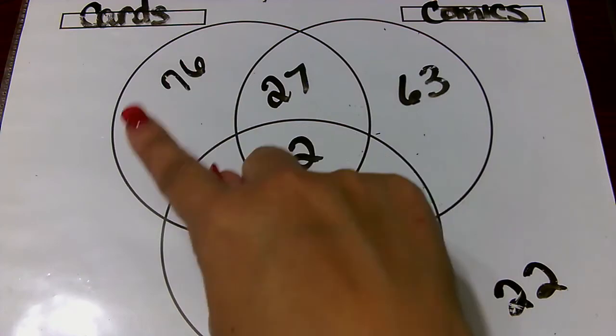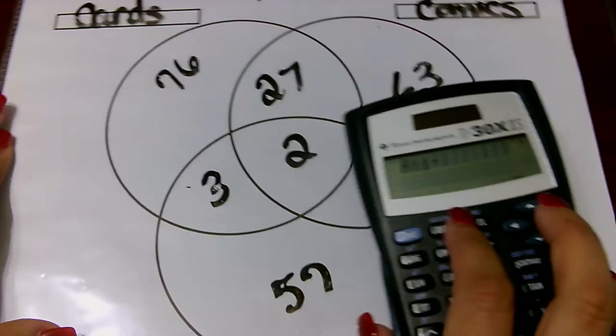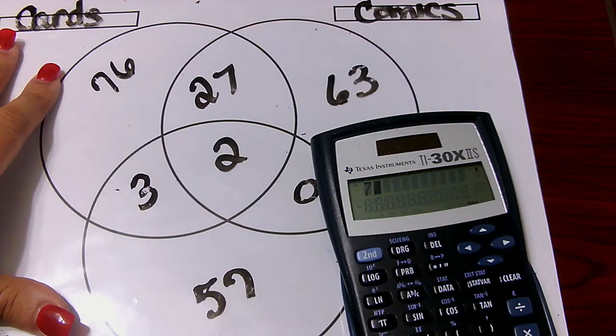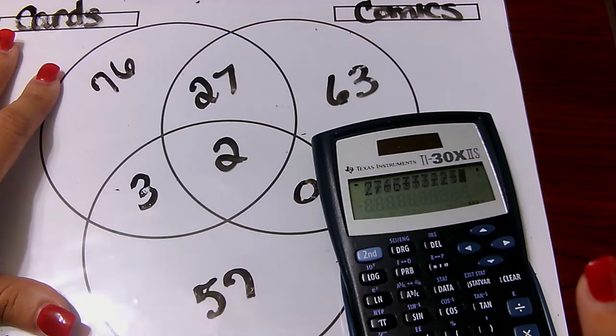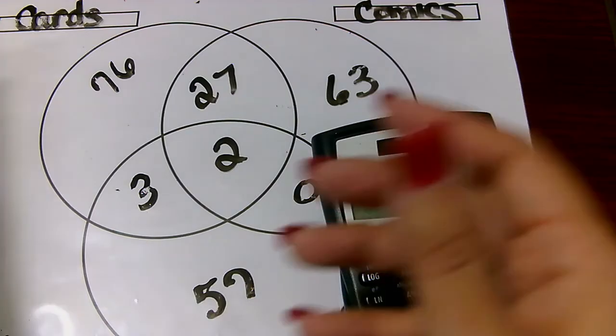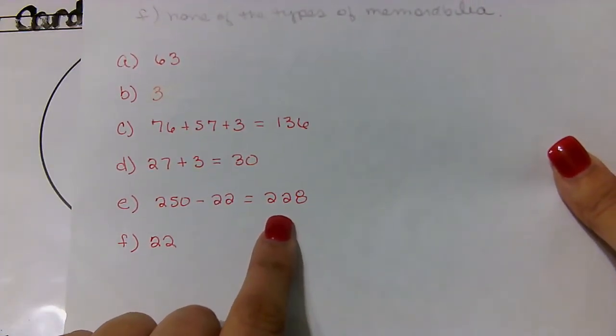So all of the people within the circle collect at least 1 type. So all we're going to do with our calculator is go ahead and add them all up. So I have 76 plus 27 plus 63 plus 3 plus 2 plus 57. I have 228 people who collect at least 1 type of memorabilia.